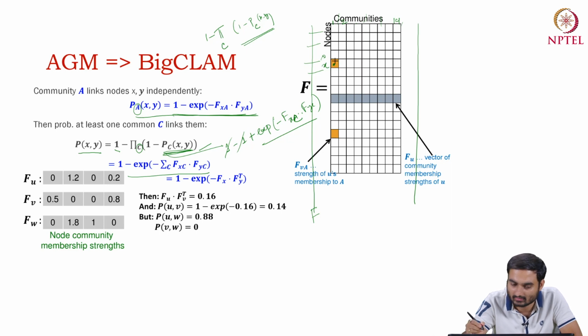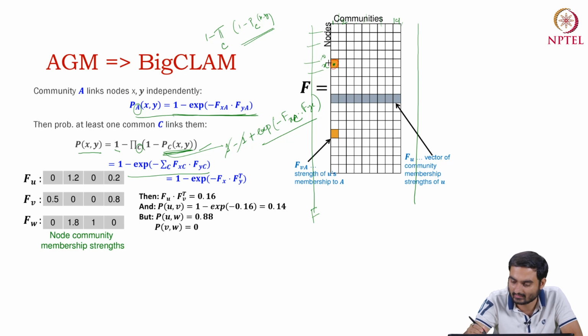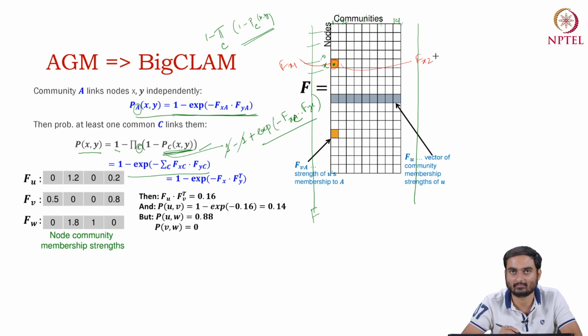This particular entry is F of x1, right? This is F of x2, the membership of node x to community 2, and so on and so forth. Remember, the value F is not known to us, so this matrix is completely unknown to us. Okay, we will actually learn this matrix later.